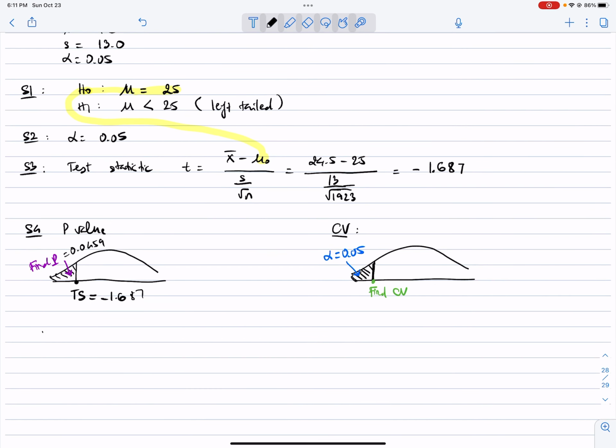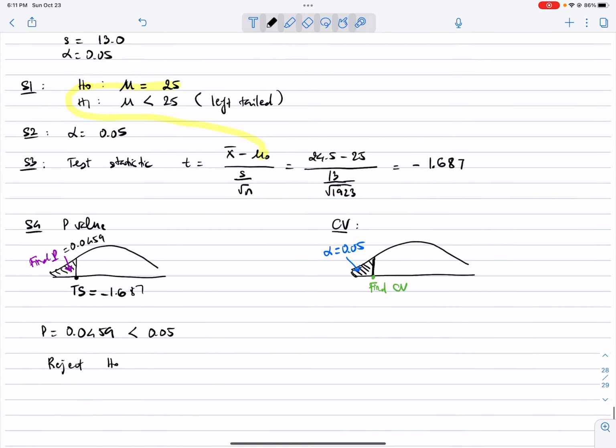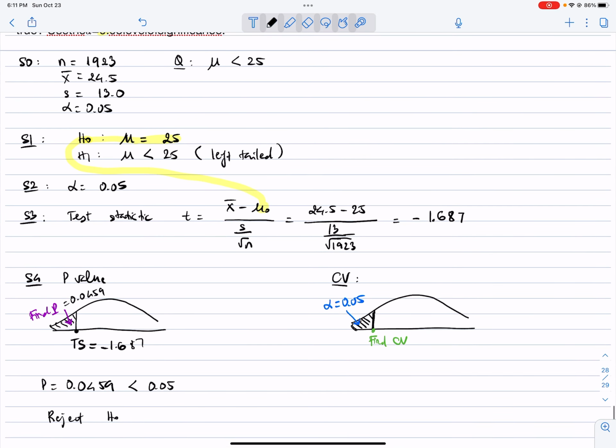So the p-value 0.0459 is less than 0.05. Because it's less, we will reject the null. And we go back to the null in step number 1. If we reject the null, that means the null is gone, so we only have the alternative left.